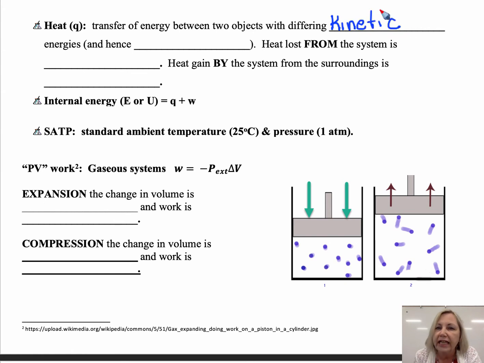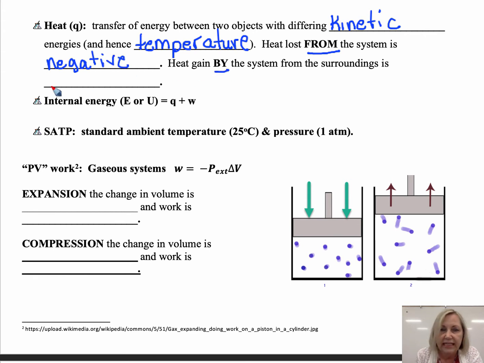And if they have different kinetic energy, they are at a different temperature, since temperature is a measure of the average kinetic energy. So heat lost from the system is negative. Heat gained by the system from the surroundings is positive.